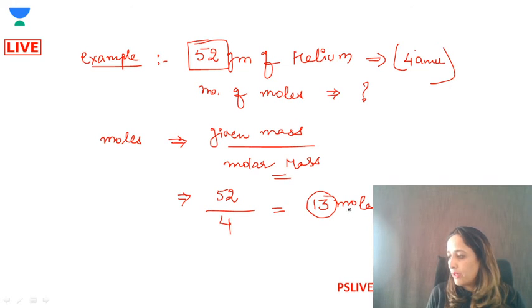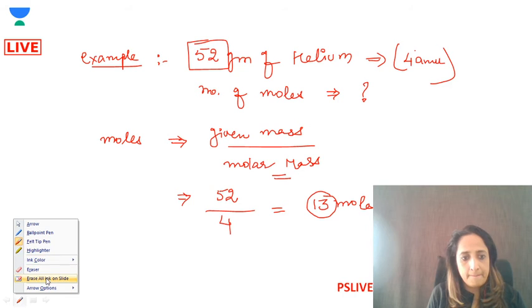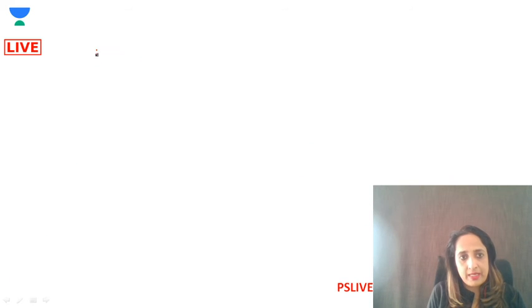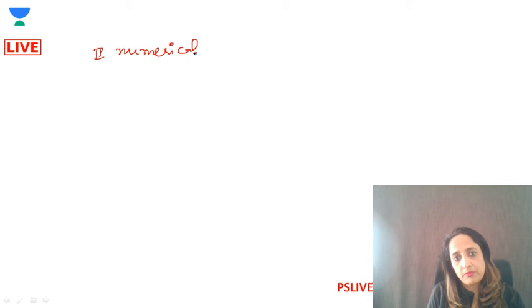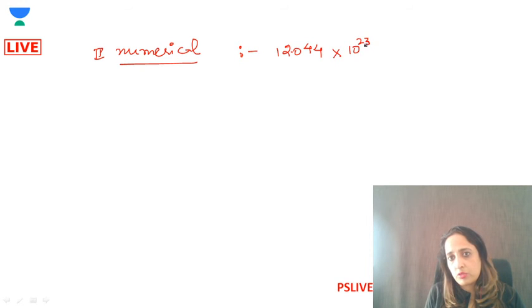Now another one is, let's say they give you another numerical problem from this only. The second part of the numerical is, let's say there are 12.044 into 10 to the power 23 helium atoms.